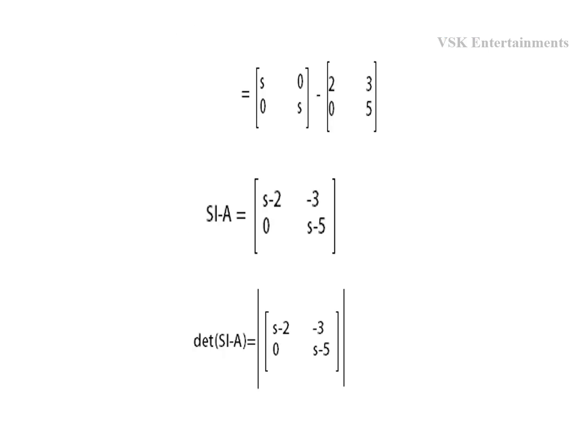By using matrix subtraction, we get s minus 2, 0 minus 3 that is minus 3, 0 minus 0 that is 0, and s minus 5. Now find out the determinant of this matrix, that is determinant of sI minus A is equal to determinant of [s-2 -3; 0 s-5].